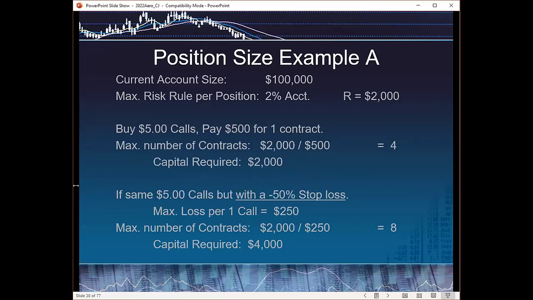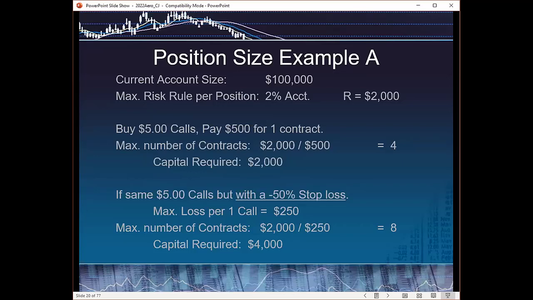Now, what I did a year or two into my trading system was I changed this methodology so that if I take the same $5 calls, but I'm using a 50% stop loss, then the maximum exposure I have per one call contract is actually $250.